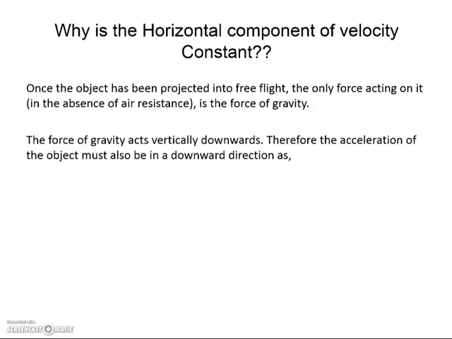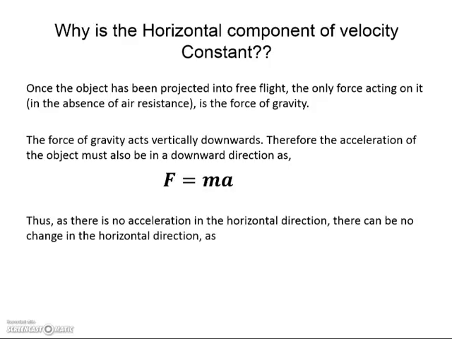The force of gravity acts vertically downwards towards the center of the Earth. So the acceleration of the object must be in a downwards direction, because gravity is acting downwards. That's going to be the only one.